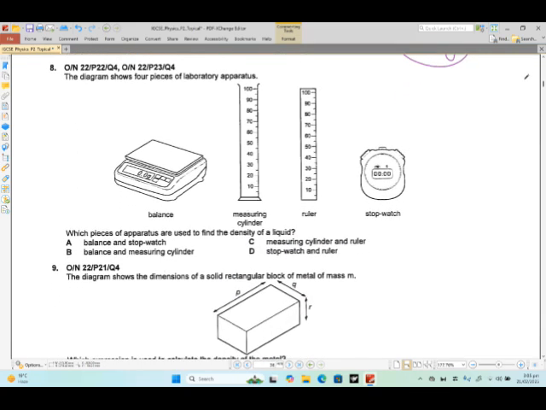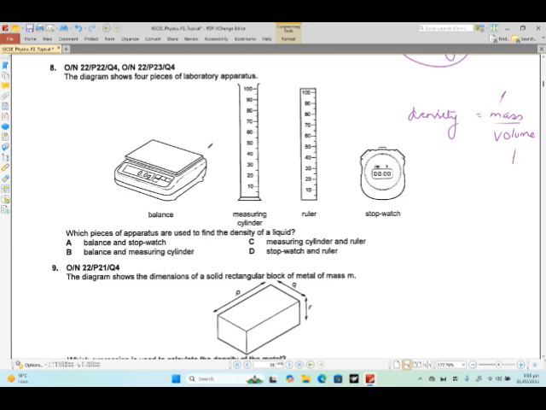The diagram shows 4 pieces of laboratory apparatus. Which piece of apparatus is used to find the density of the rock? We've just done the formula for density, which is density is equal to mass per volume. So we will need something to measure the mass and something to measure the volume.